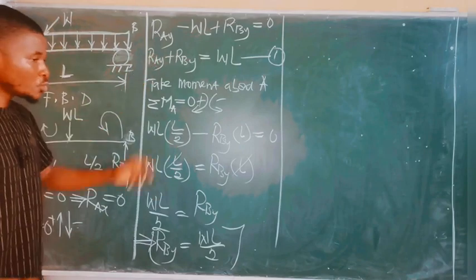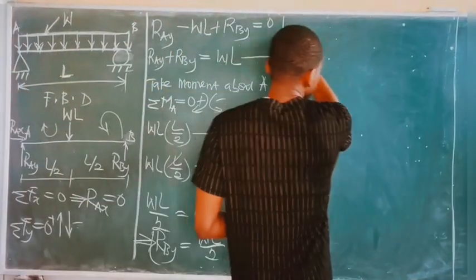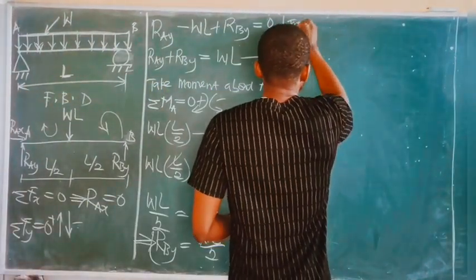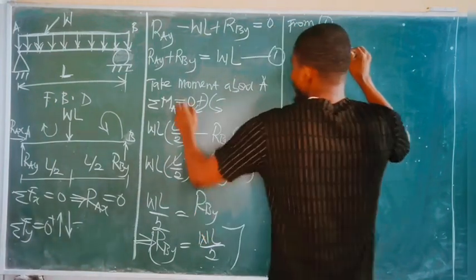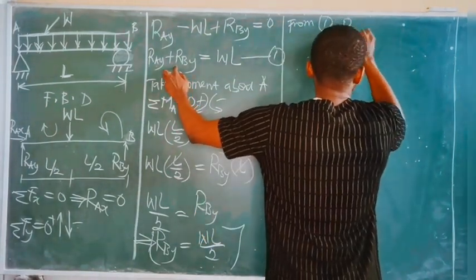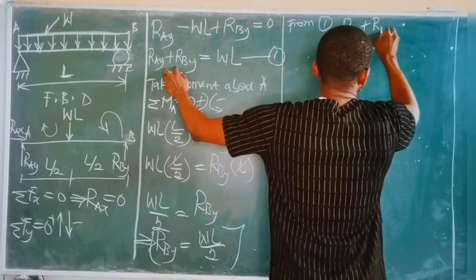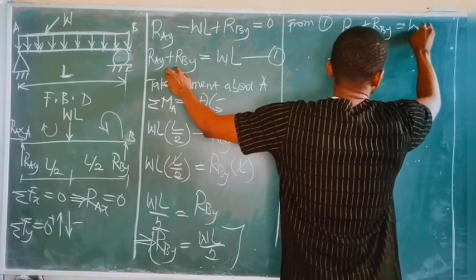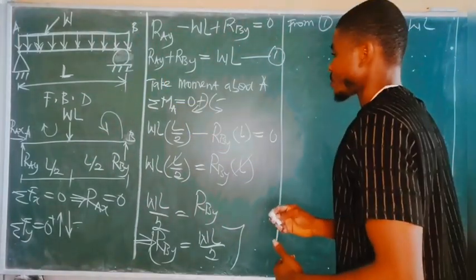RAY. If we do that, from equation 1, we had that RAY plus RBY is equal to WL. We had this in equation 1.